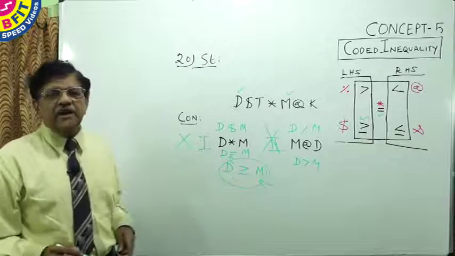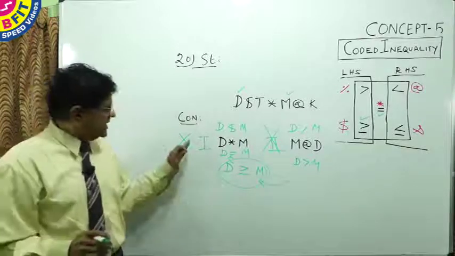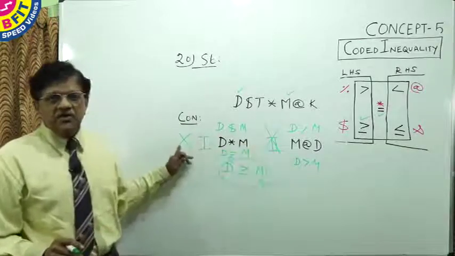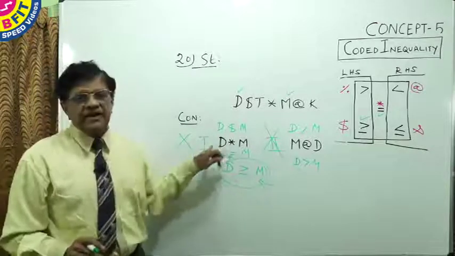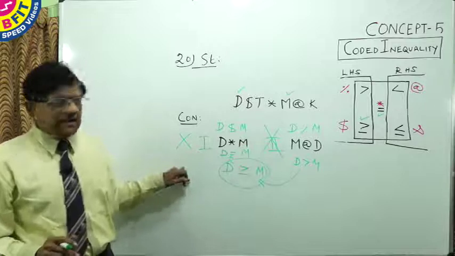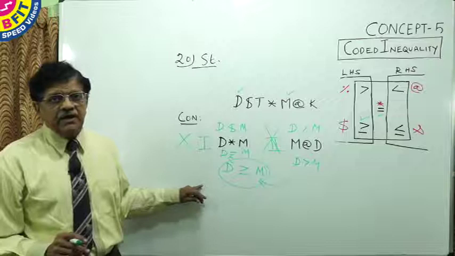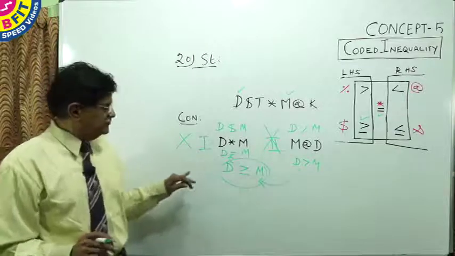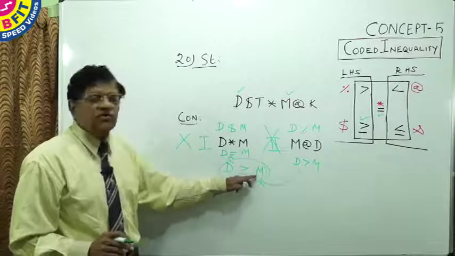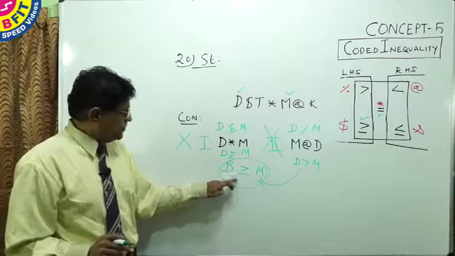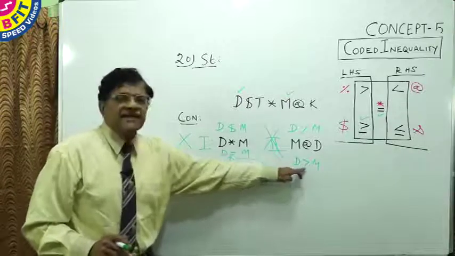How did we arrive at the complementary pair? First rule is that both conclusions must be false. Here we arrived that both the conclusions were false. Then the elements must be the same. The elements we have verified are the same. Then we have to verify which one of them is true. Now in this case, D greater than or equal to M is true. So if D is equal to M, then D is greater than M is false.